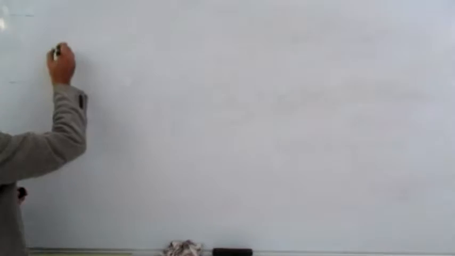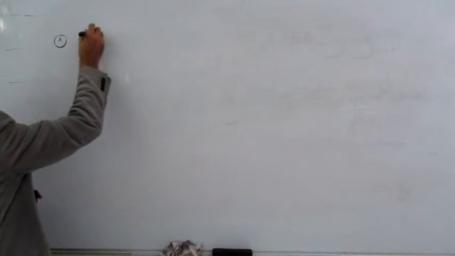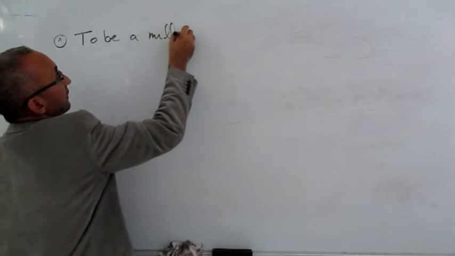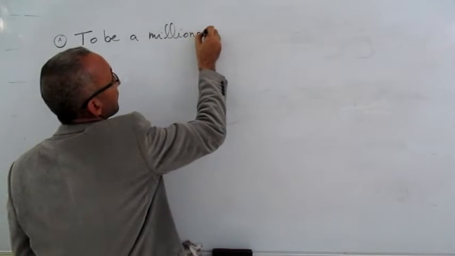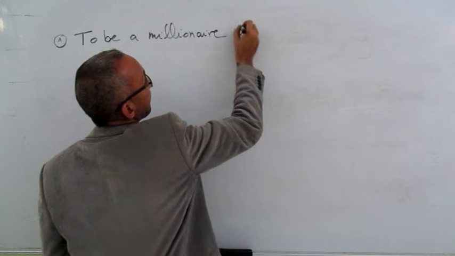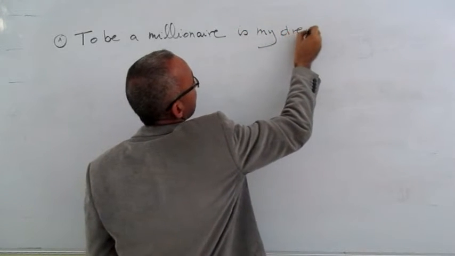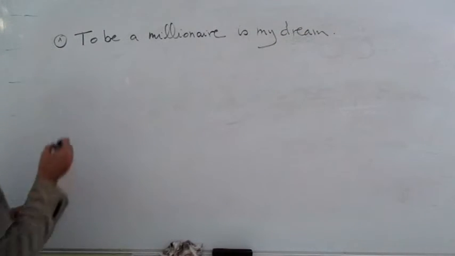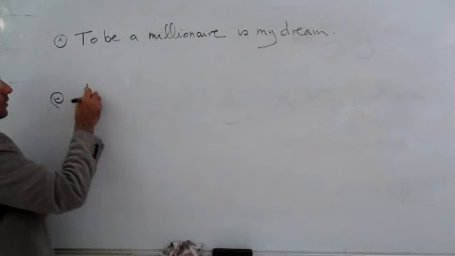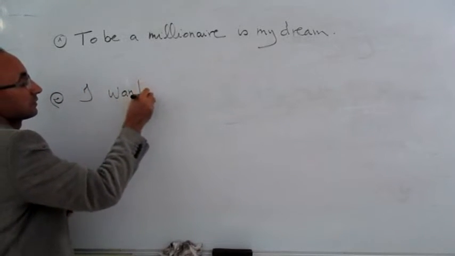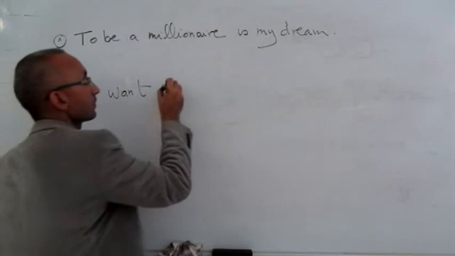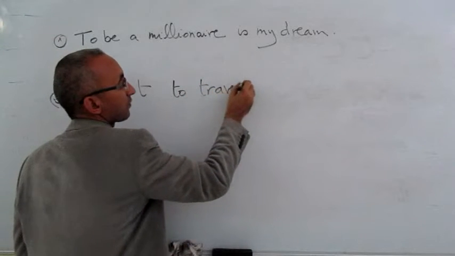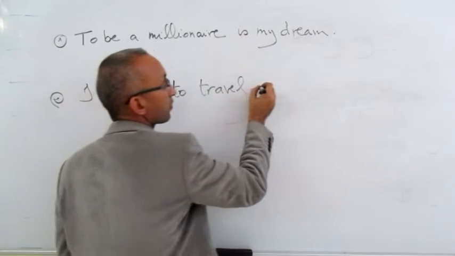So, our first example is to be a millionaire is my dream, and also is a dream of everyone, of course, logically. Second one, I want to travel abroad.